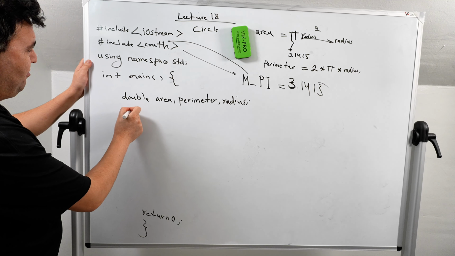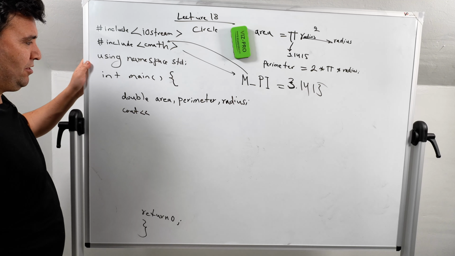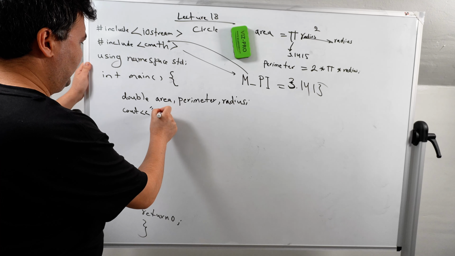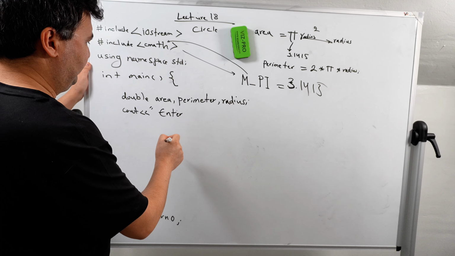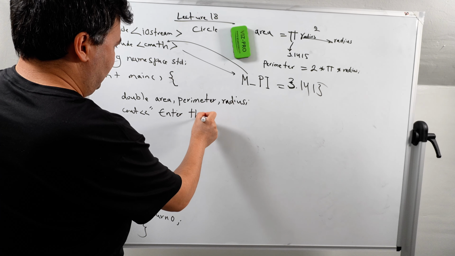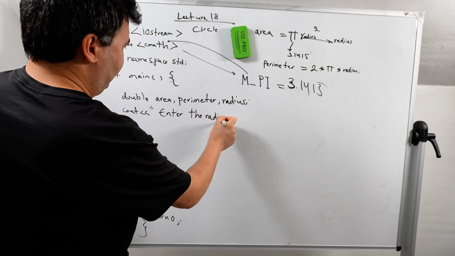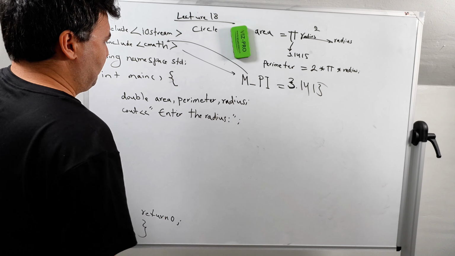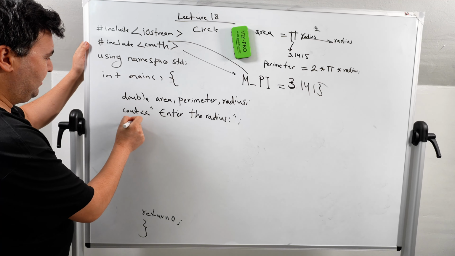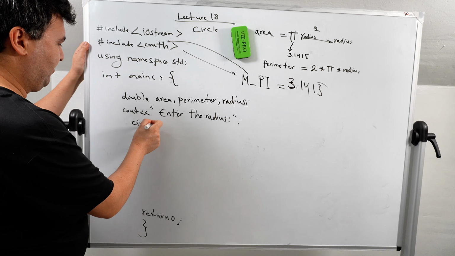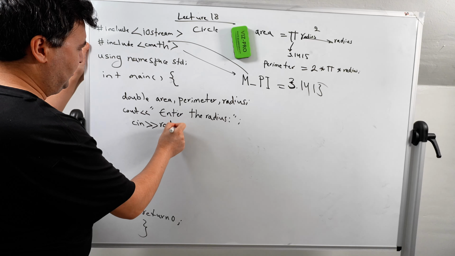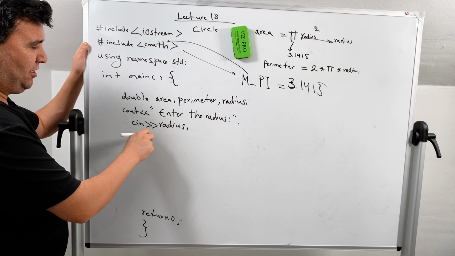Now I say cout, enter the radius. This is a message, and cout will print this message to the user when the program runs. Then we use cin, so when the user enters a value from the keyboard, it goes inside radius.